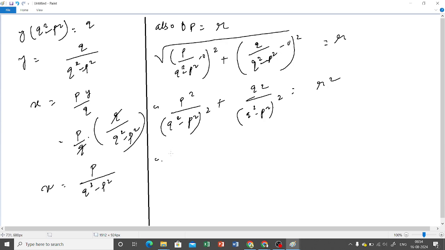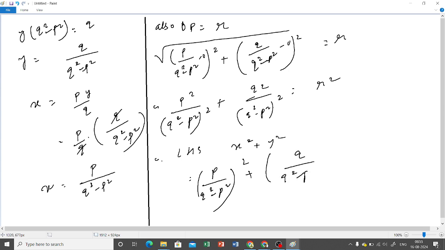Now LHS, x square plus y square. What is x square? x square is p by q square minus p square, whole square. What is y square? What is y? q by q square minus p square, and square. So that we are getting as p square by q square minus p square.